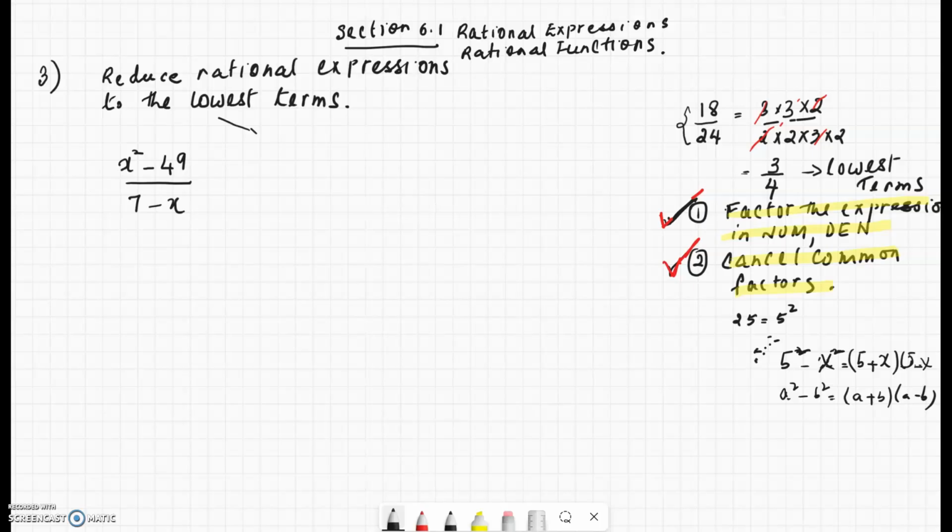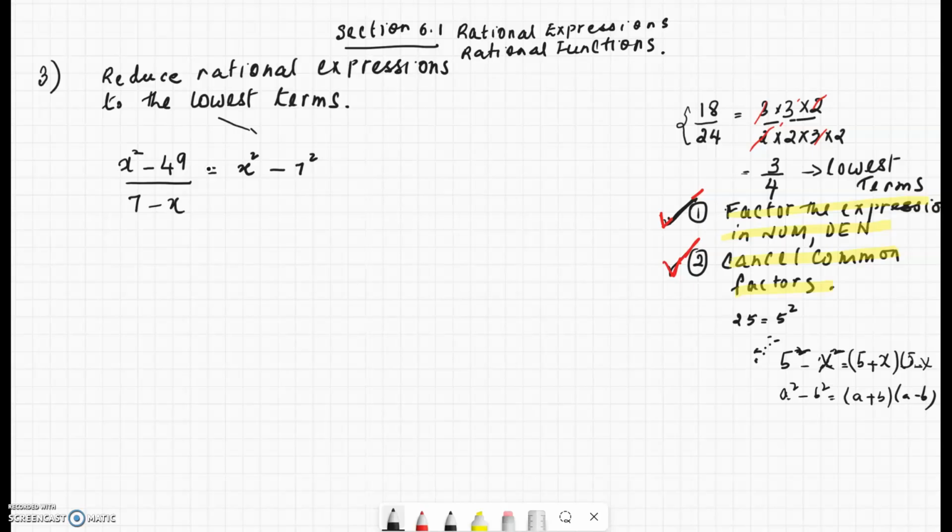So we're going to reduce this rational expression to the lowest terms, which means the first thing is we factor the expression, which is a polynomial, in the numerator, and we factor the denominator completely. Again, do you recognize that it is a difference of squares because 49 is 7 squared? Just memorize all the squares.